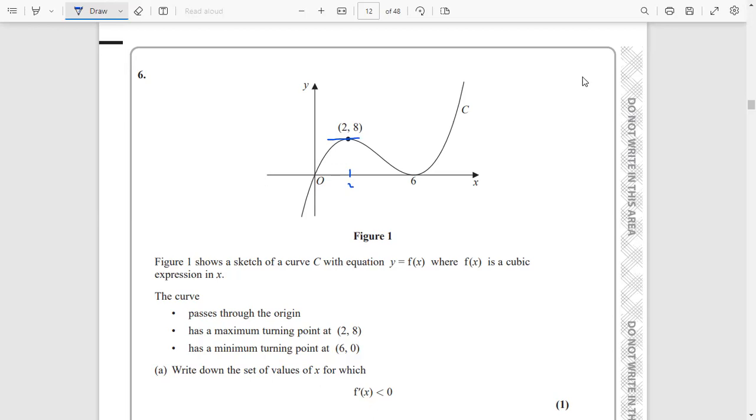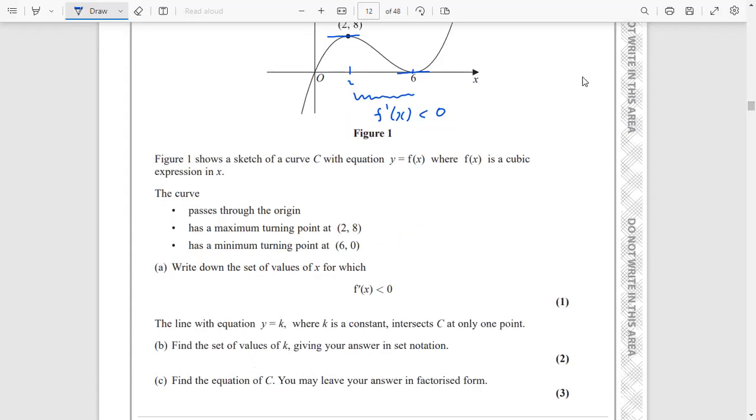The gradient stays negative until we get to 6 on the x-axis, and then the gradient becomes 0 again, and then it becomes positive. So between 2 and 6, we can see that the gradient is negative. So f dash of x, the derivative of the function, is negative between x equals 2 and x equals 6.